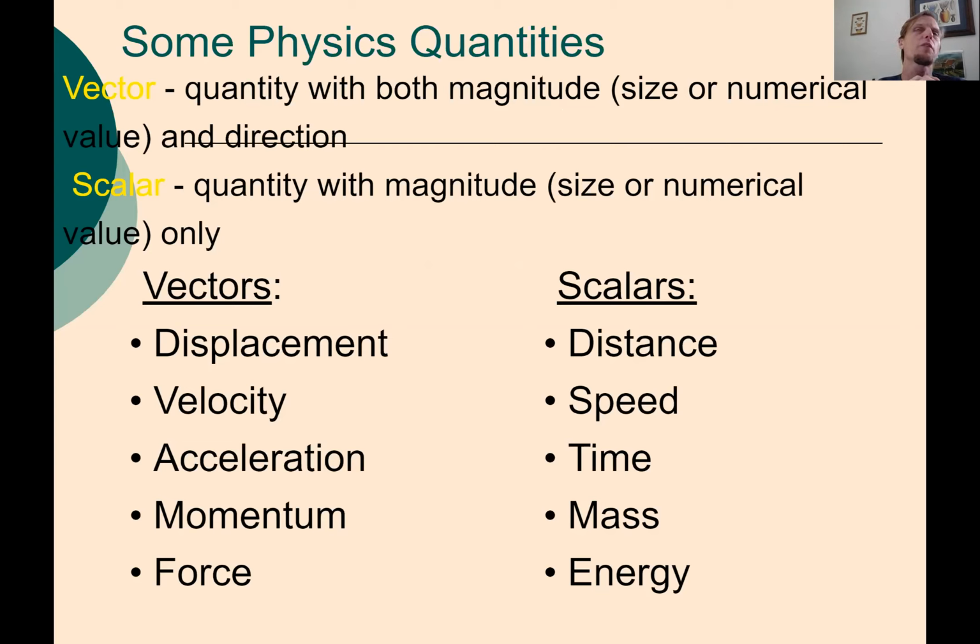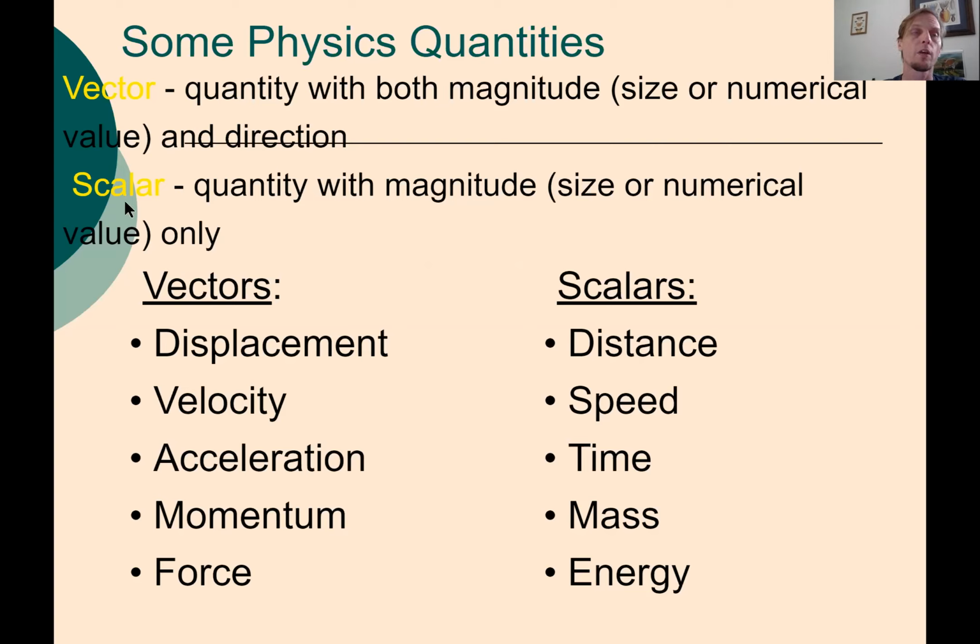What's the magnitude of that Diet Coke you got there? 32 ounces. Wow, that's a good medium size, isn't it? Mine's 44 ounces, much greater magnitude, right? That's all magnitude is, how big something is. It's a numerical value. But when you put a direction, now it's a vector, okay?